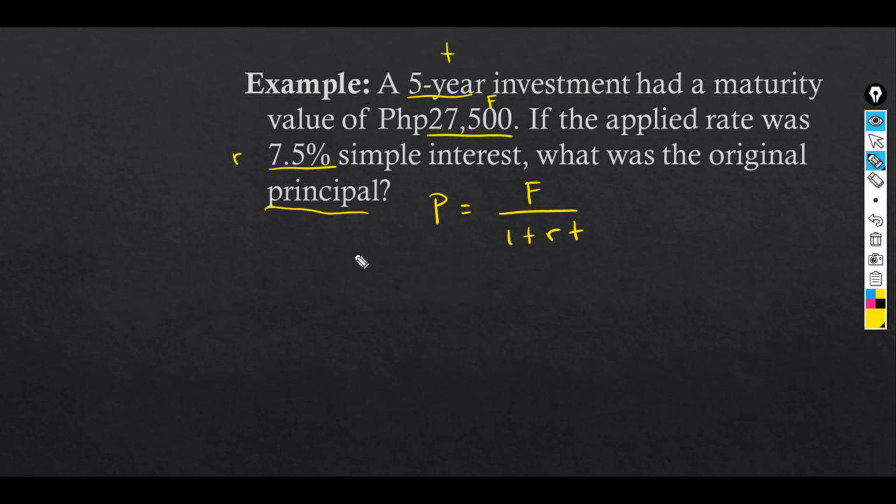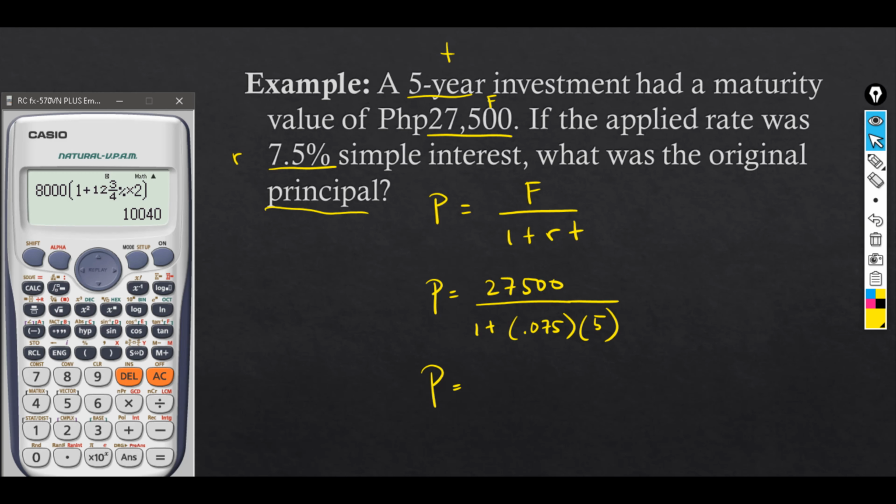So, yung formula kanina, F over 1 plus RT. Yan. So, substitute. So, P equals 27,500 over 1 plus rate is 7.5% or 0.075 times term is 5 years. Yan. So, P equals. Tapos, calculator. 27,500 over 1 plus.